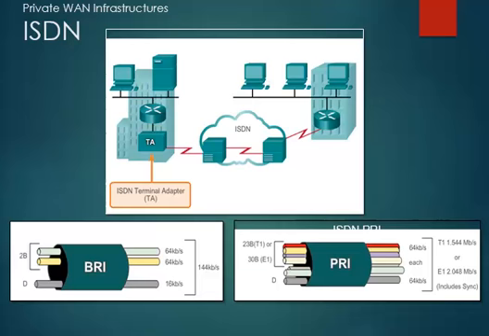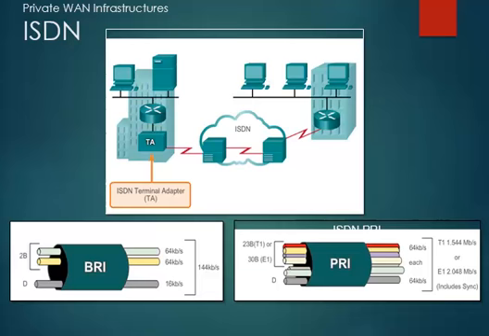The figure displays an ISDN topology. The ISDN connection may require a terminal adapter, TA, which is a device used to connect ISDN basic rate interface, or BRI, connections to a router. ISDN turns the local loop into a TDM digital connection.